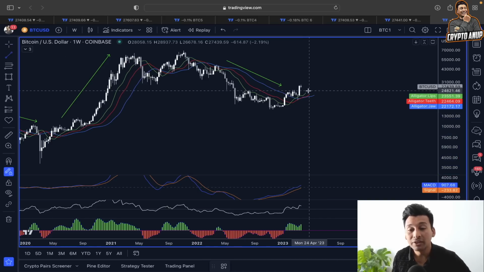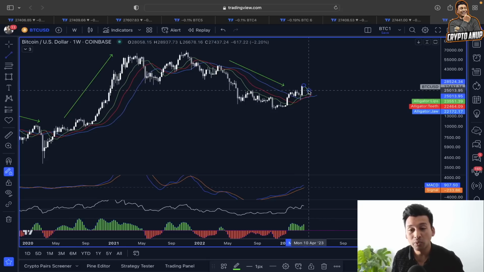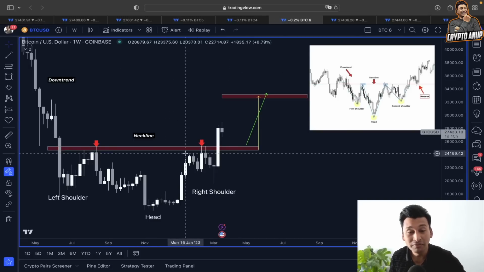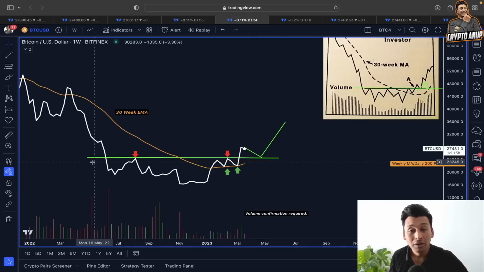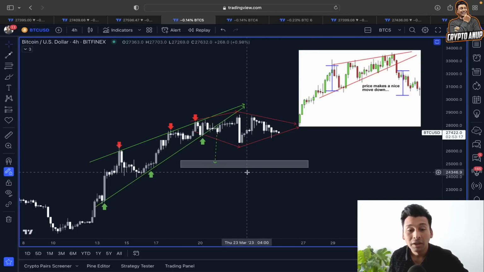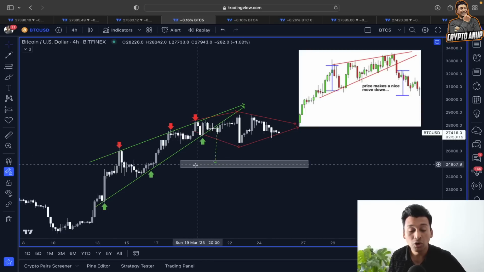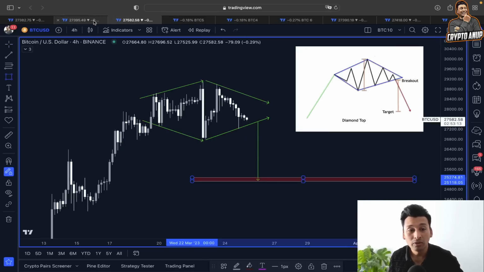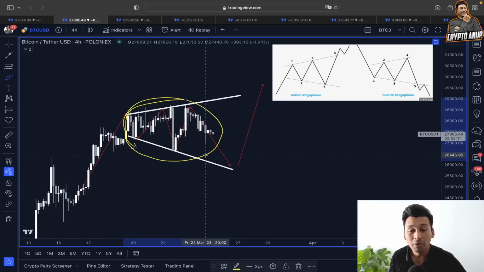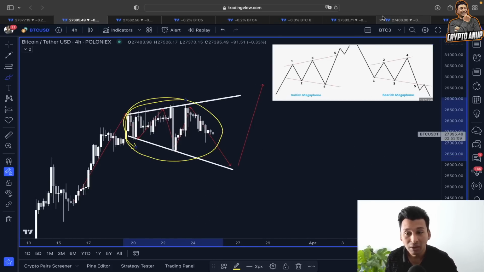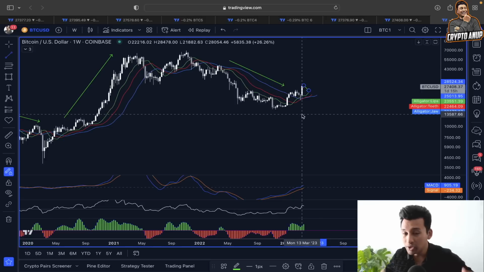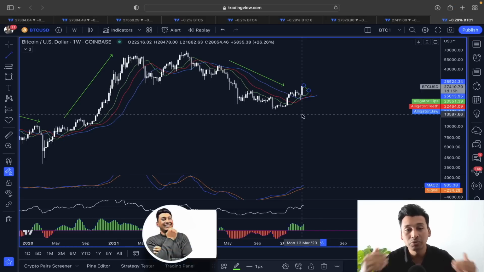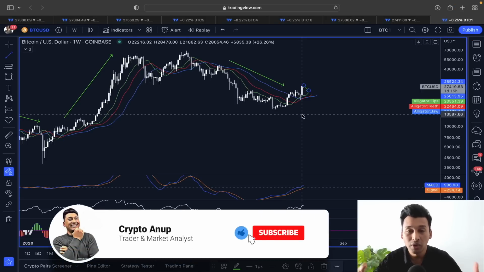But even after this bullish momentum, if we do see any sort of weakness, we know the Williams Alligator indicator, the neckline from this inverse head and shoulder, the horizontal trendline resistance, even the price objective from this diamond top, rising wedge, and also this broadening top or megaphone pattern is going to play out perfectly for Bitcoin. So we don't need to worry as long as the price in a bigger picture remains above the 25,000 range.